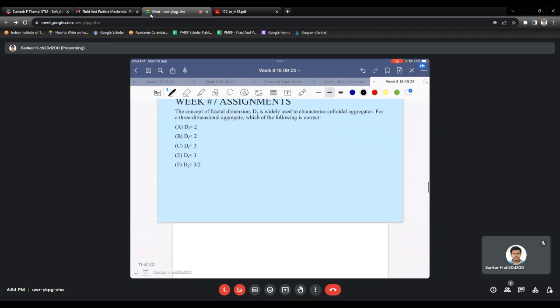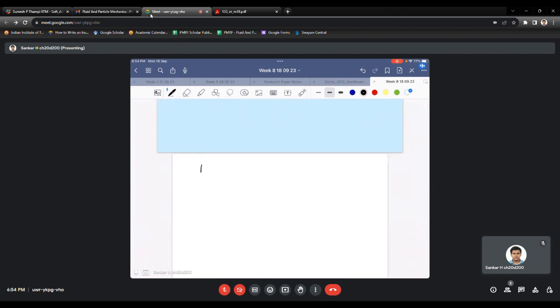So we know that there are one-dimensional, two dimensions, three dimensions, etc. But what is actually meant by 1.4 dimension? What is 2.7 dimension?